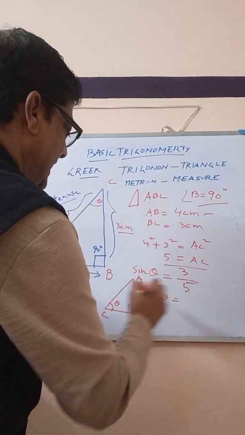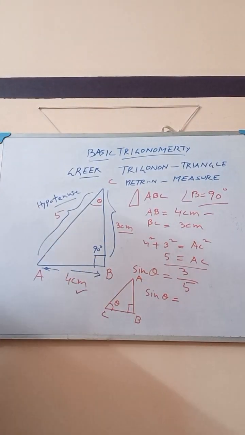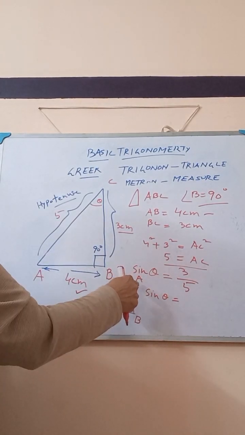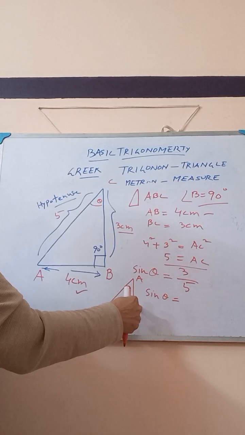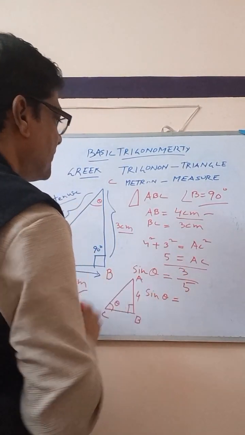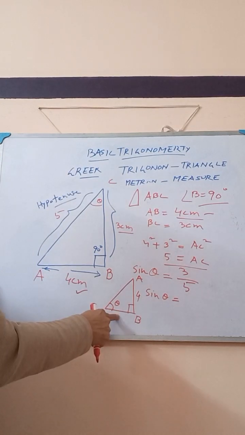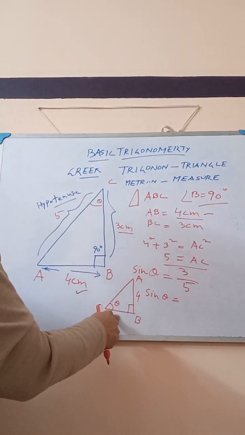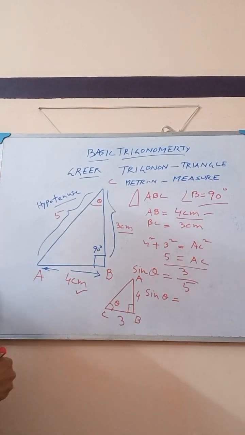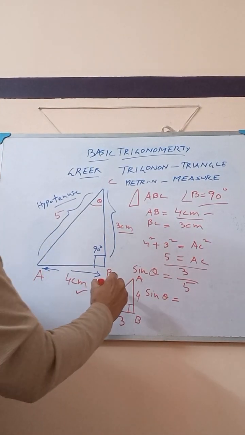Now we have to find sine theta in this particular diagram. Here the perpendicular is AB. AB is 4 centimeter. Now BC is the base, which is 3 centimeter. Now this will be 5.